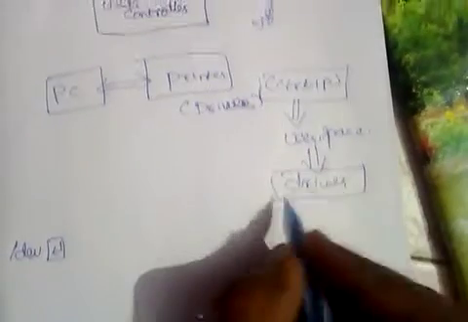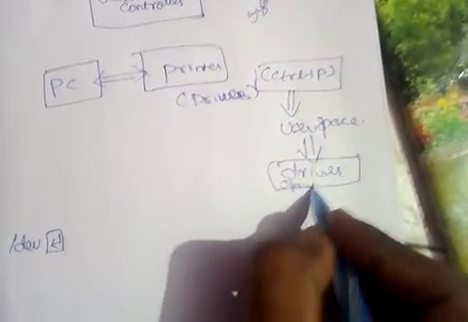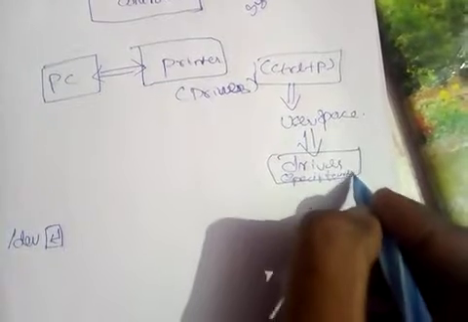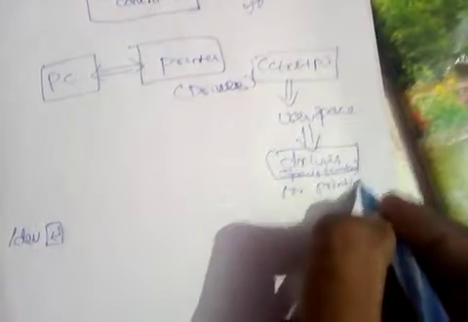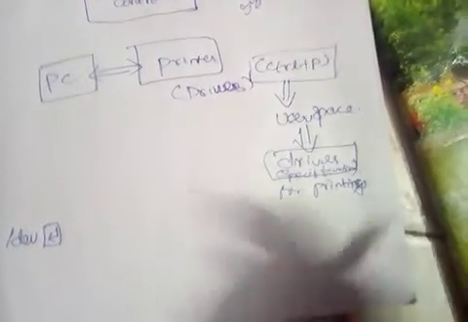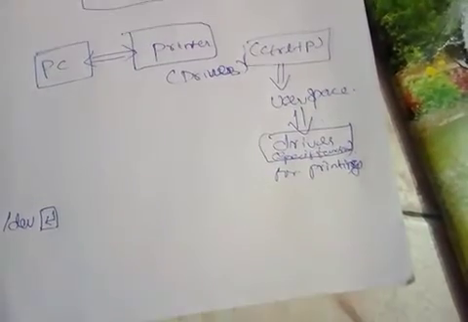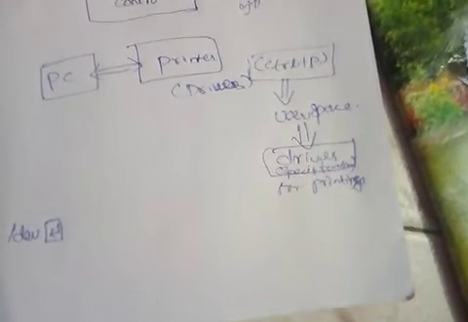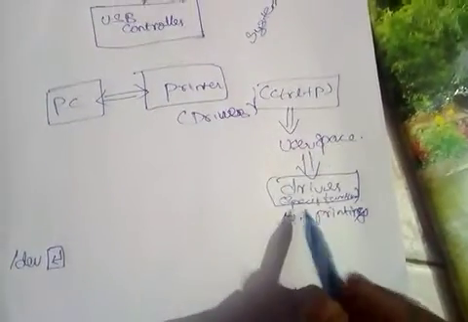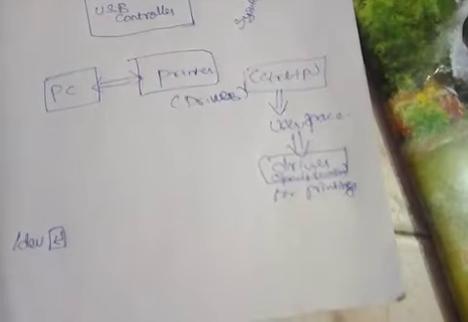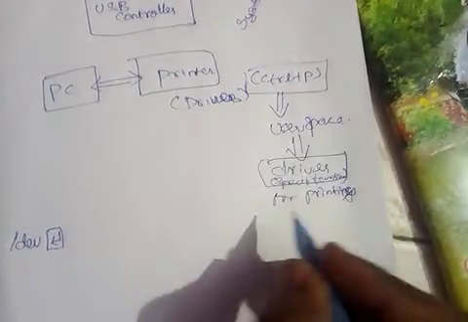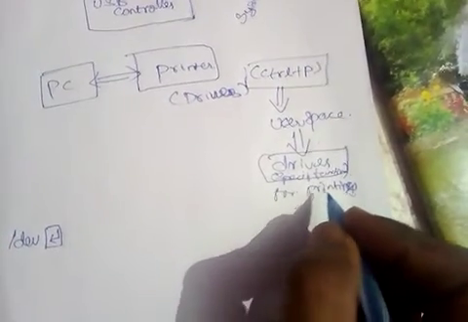It will have a specific function for printing. Actually, using the printing driver, we can also save some PDFs from the internet. So it will have some specific functions for printing. Let me show you how this will happen in our Linux architecture.